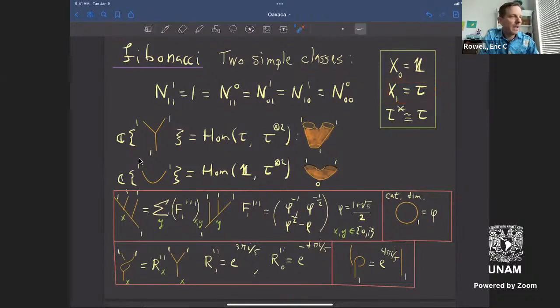Now, tau is self-dual, meaning that it is isomorphic to its dual object. So that kind of has to be. And so I can write down all of the fusion rules, all the fusion coefficients that I need.